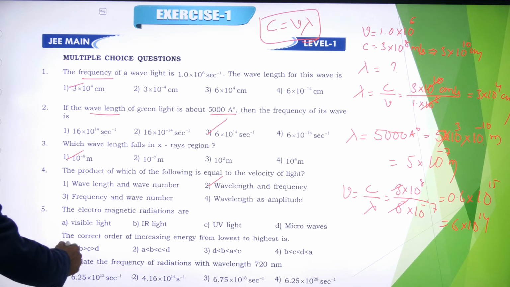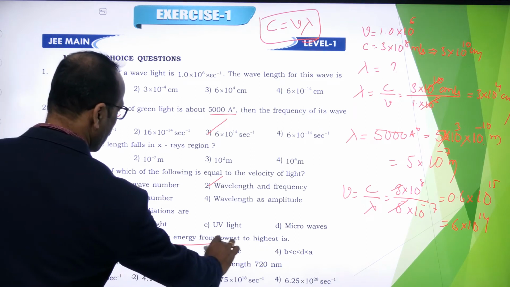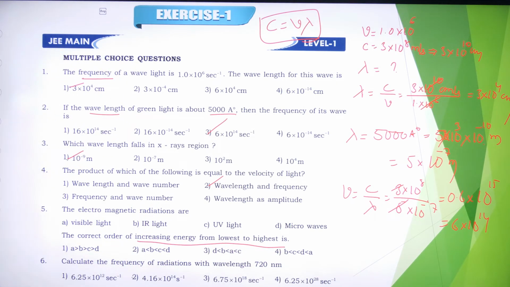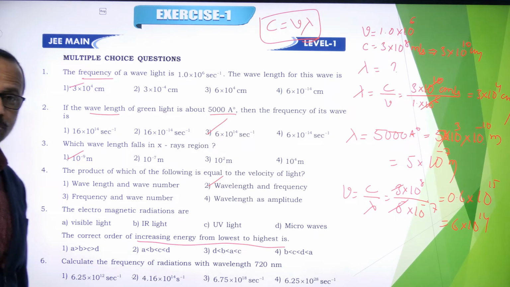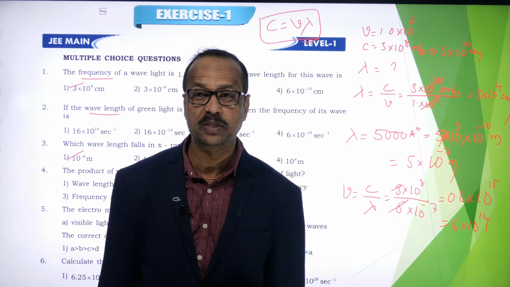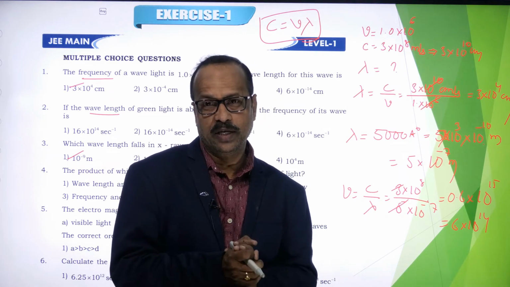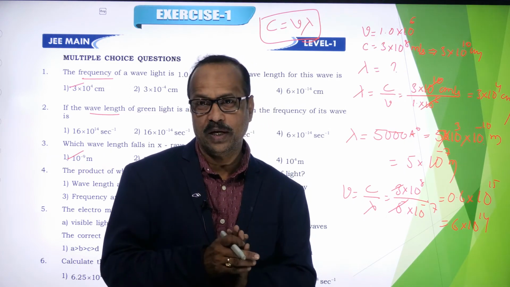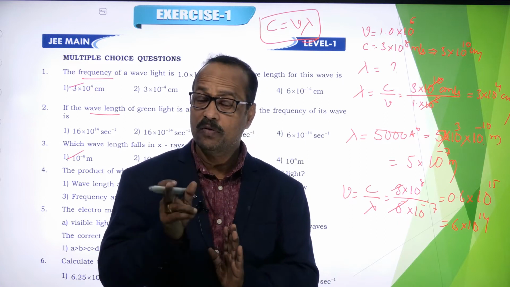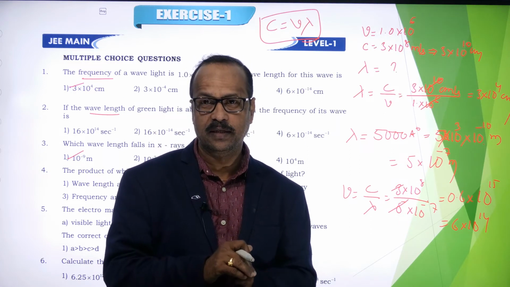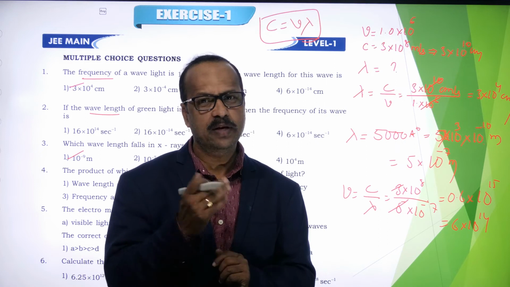Okay. The correct order of increasing energy, from lowest energy to highest energy, students. If the frequency increases, energy also increases. Frequency is directly proportional to energy, according to Planck's quantum theory. That we'll discuss.